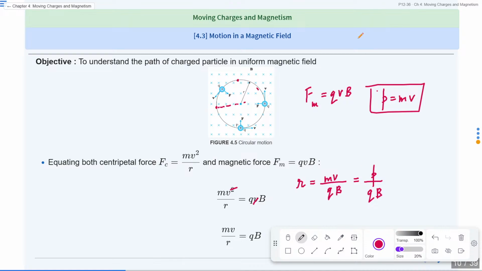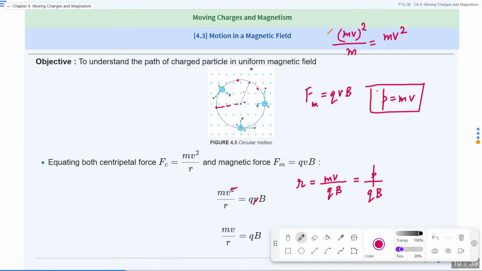Also, there is a relation between linear momentum and kinetic energy. What is that relation? Linear momentum is mv. If you square it and divide by m, you get mv square.